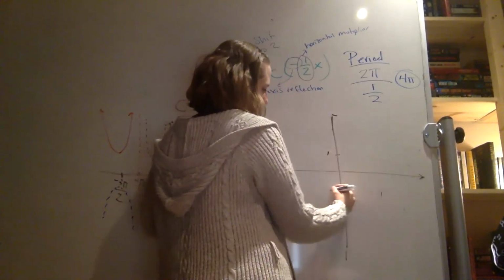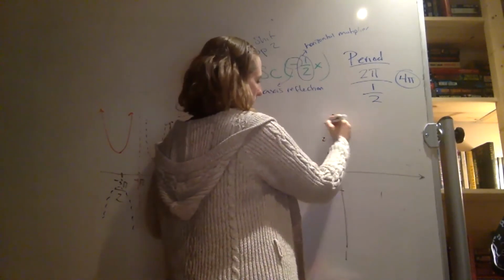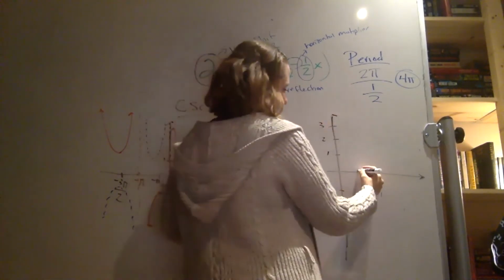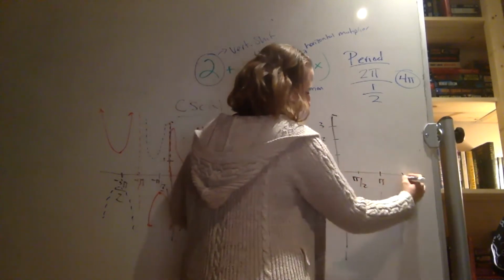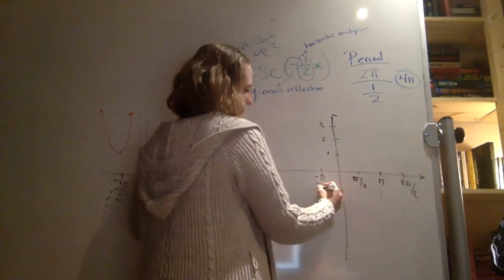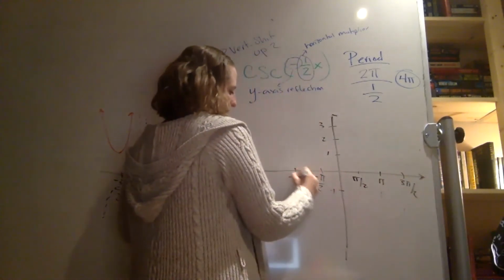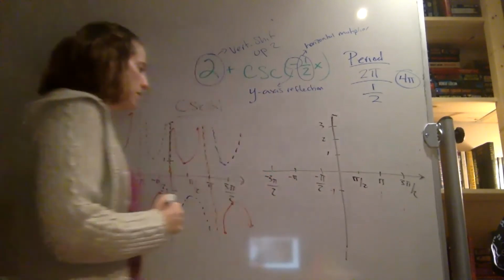I have 1 and -1. And I know I'm going to have to be moving this up. I better go all the way up to 3 here. I'm going to do pi over 2, pi and 3 pi over 2, negative pi over 2, negative pi, excuse me, negative 3 pi over 2.